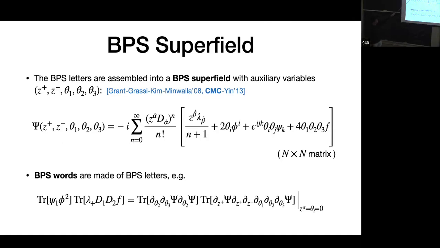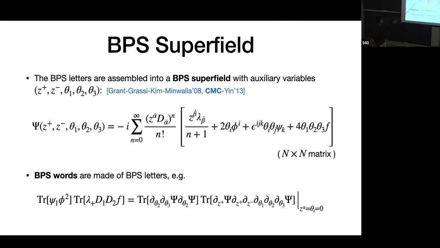The bosonic variables Z plus and Z minus are there to keep track of the number of covariant derivatives that you can act on each letter. So we have this combination, Z alpha dot, D alpha dot, and the power of Z counts how many covariant derivatives you can have. There is also one Z put in here for this index to contract with the index of the gaugino.